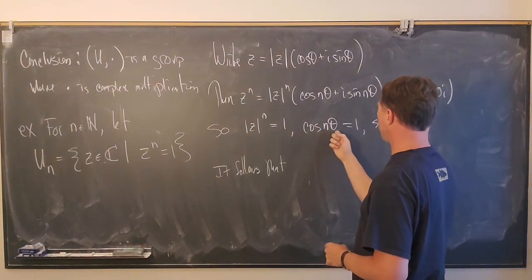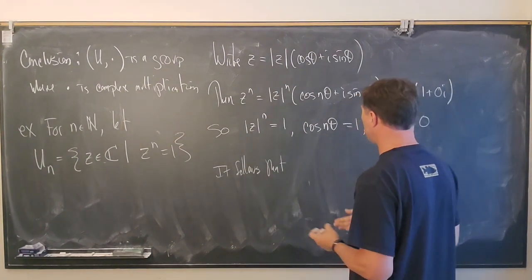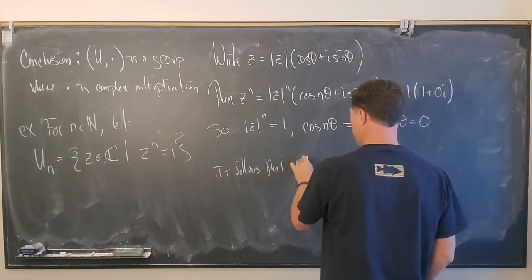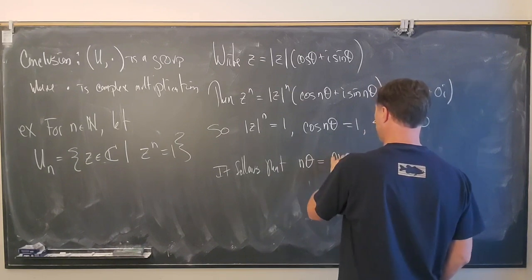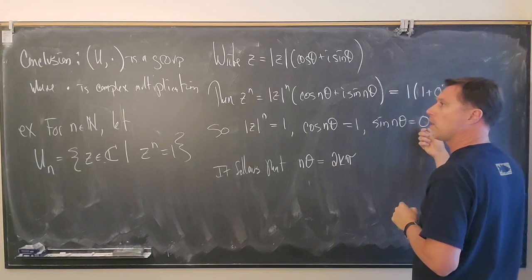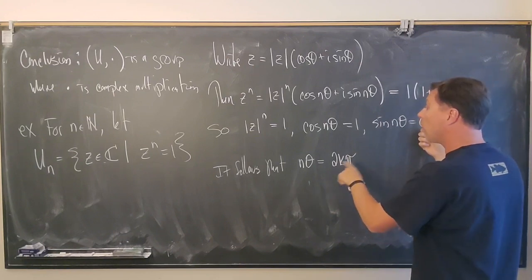It occurs at 0 and 2 pi, plus or minus 2 pi, plus or minus 4 pi. So this would tell us that n theta has to equal 2k pi. When is sine equal to 0? It's equal to 0 at all multiples of pi.